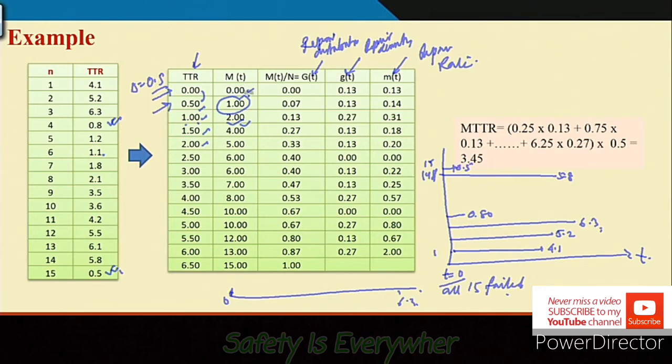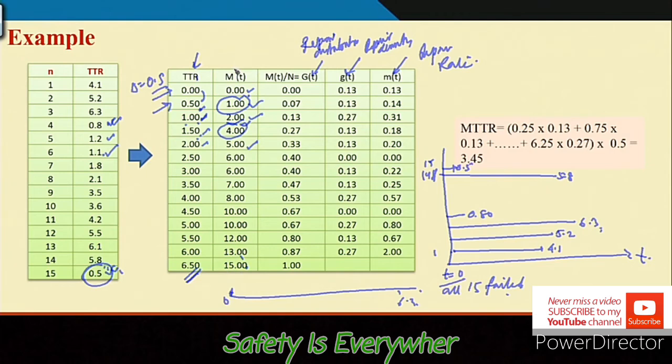At time t equal to 0 it is 0, but at time 0.5 one component is repaired, so we write 1. By 1 unit of time, 0.5 and 0.8 are repaired, so it is 2. Similarly by 1.5, these 2 plus 1.1 and 1.2 are less than 1.5, so 4 units. Similarly, within 6.5 units of time, all 15 units are repaired.